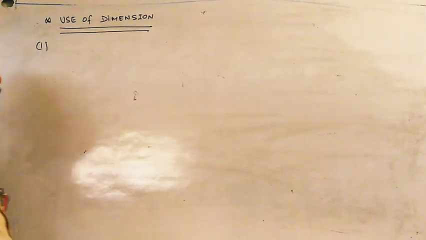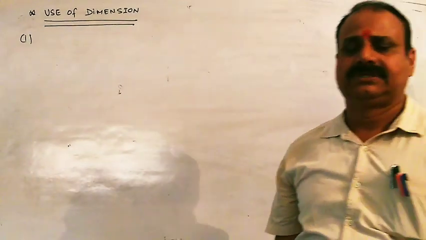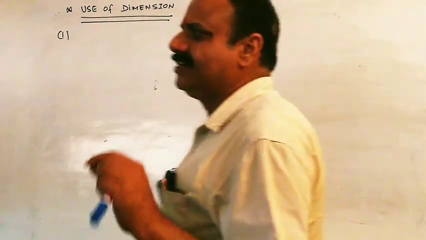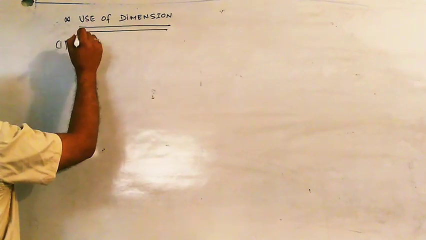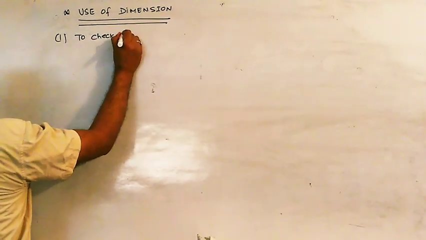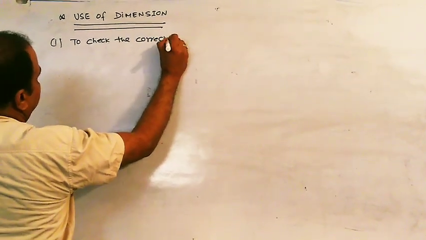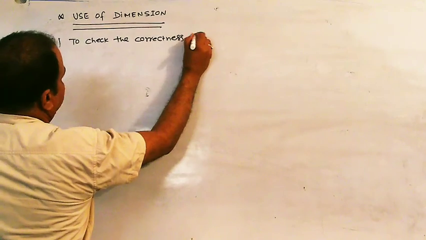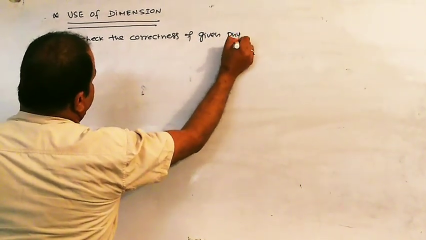Number 1, to check the correctness of given physical equation. कोई भी फिजिक्स का इक्वेशन सही है गलत है, डायमेंशन इसको बताएगा. To check the correctness of given physical equation.